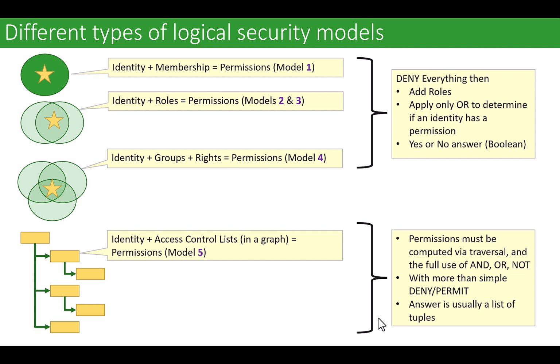The next kind of thing up from that, from a set theory perspective, is this idea that identity plus the roles the identity is in is their permissions. So here we have the ability to add a little more granularity. But again, the OR rule applies. Let's say I had 3 categories of data: data about trees, data about animals, and data about shellfish.